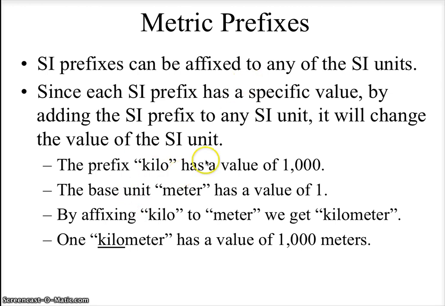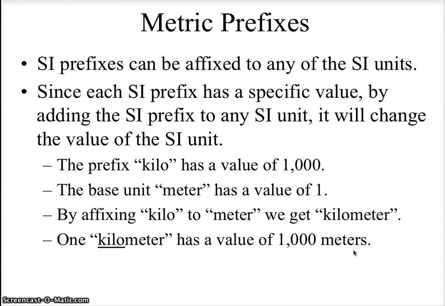Now, meter by itself has a value of 1. If you put kilo and meter together, we get a kilometer. And what that ultimately means is 1 kilometer has a value of 1,000 meters, because kilo means 1,000, and meters means meters.